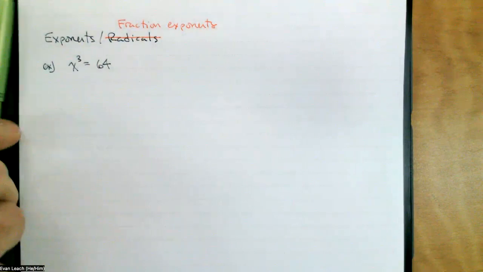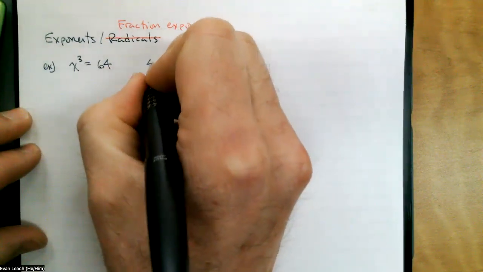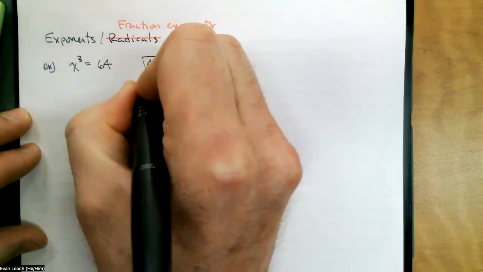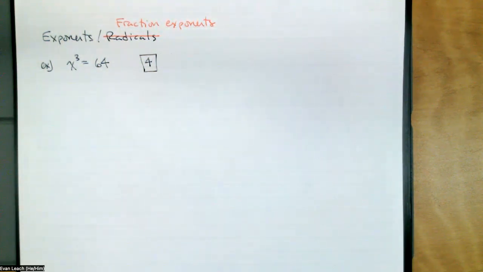But actually, before we even do that, what's the answer? What to the 3rd power is 64? 4. From a just solving the equation standpoint, that's the important part. We can get to 4. But we need to have some operation that goes around with this. So we want to think about doing the inverse of a cube. And so that's a cube root.